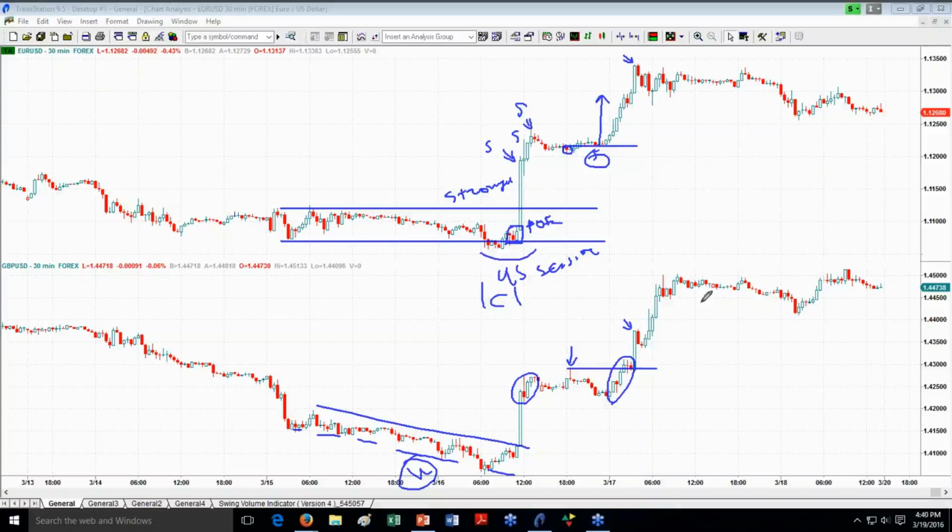There might be some importers, exporters coming in during this period right here, and they need to buy pounds and they have US dollars. So they're just going to start buying without even thinking about the structure or anything like this. They just need to buy a pound. So therefore, they can push the price like that.